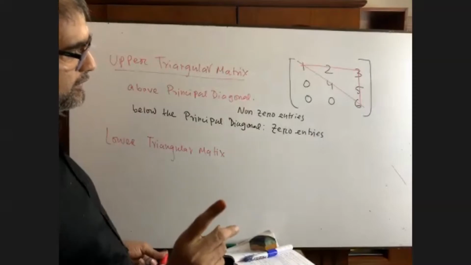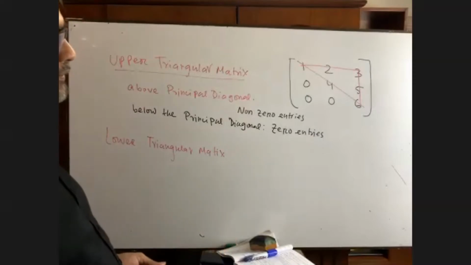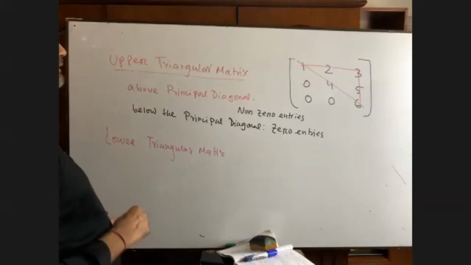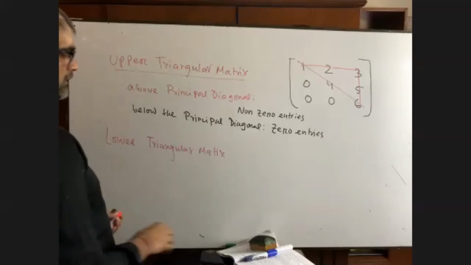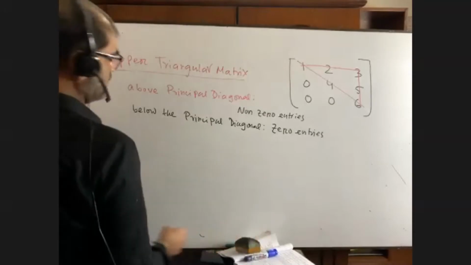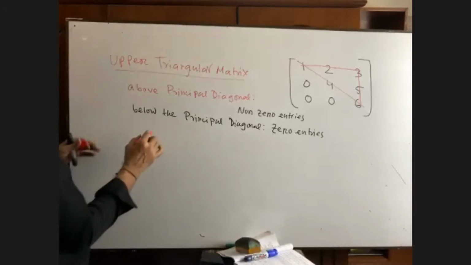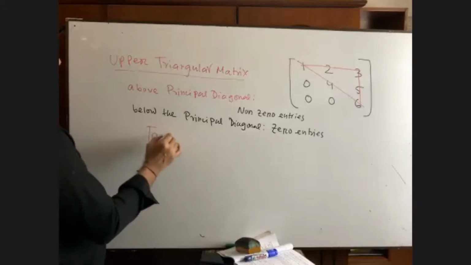Okay. I am not going to do this now. Upper triangular matrix, I am again showing you. Here, Aij, it's okay. It is always Aij.